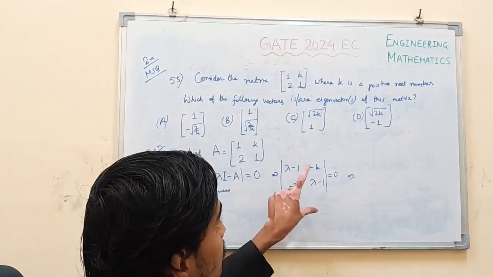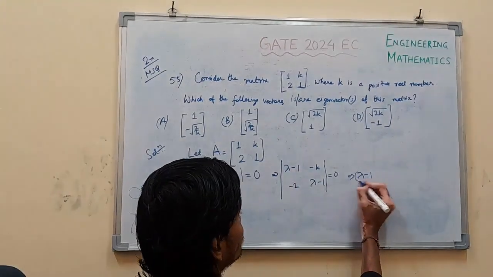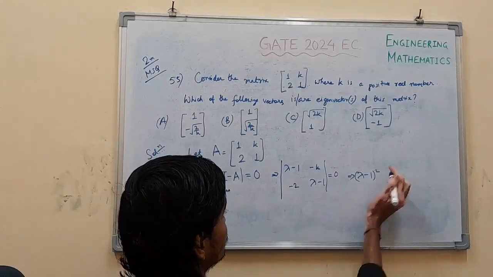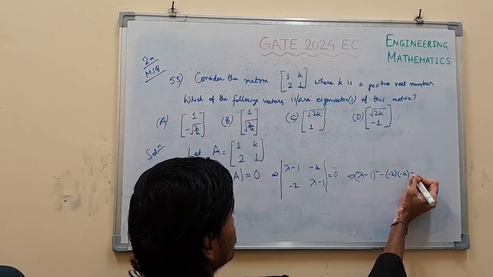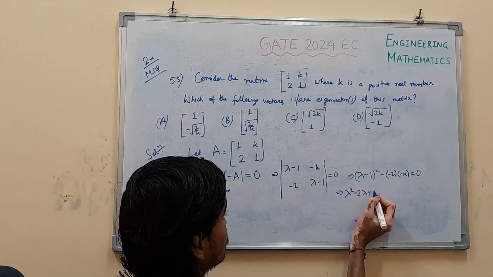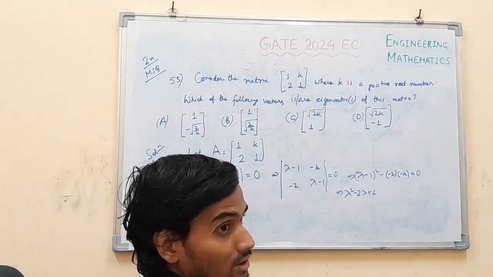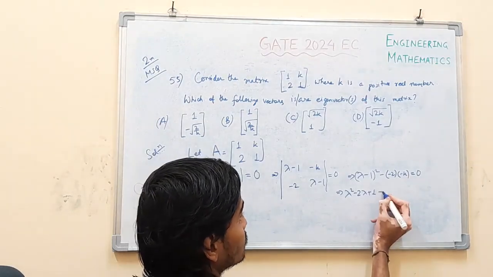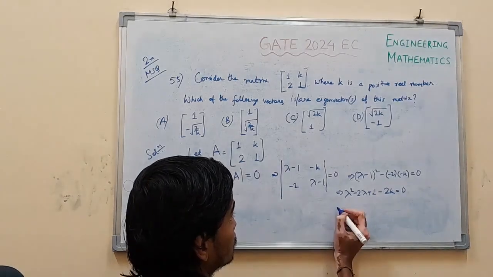If we simplify and evaluate this, we get lambda minus 1 whole square minus 2 into k equal to 0.